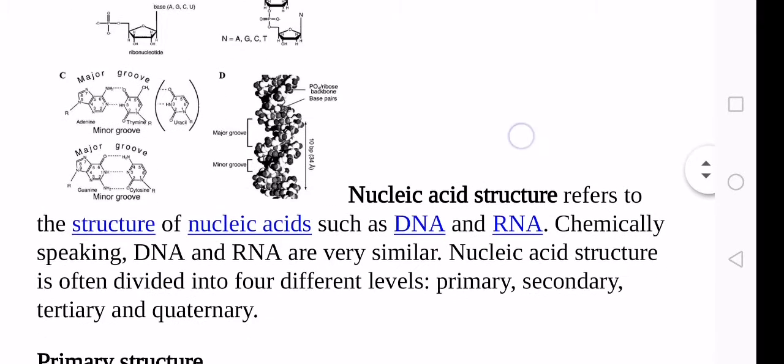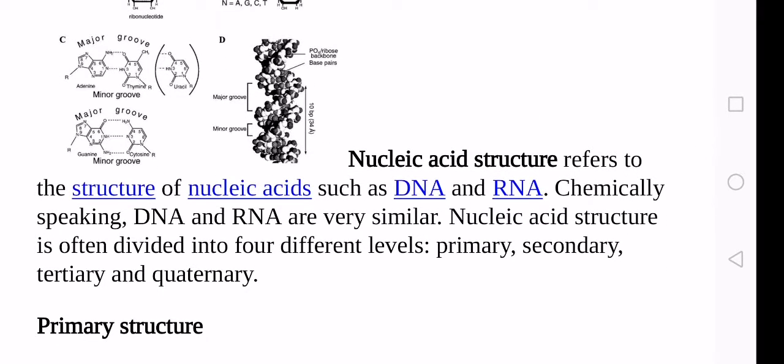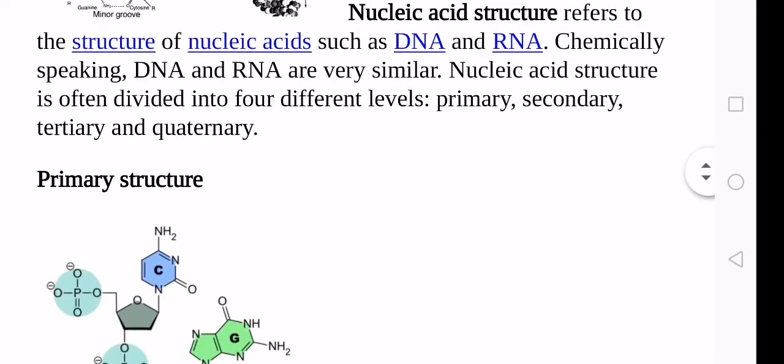Well, this is a biochemical formula of these biomolecules. Nucleic acid structure refers to the structure of nucleic acids such as DNA and RNA. Chemically speaking, DNA and RNA are very similar. Nucleic acid structure is often divided into 4 different levels: primary, secondary, tertiary, and quaternary.